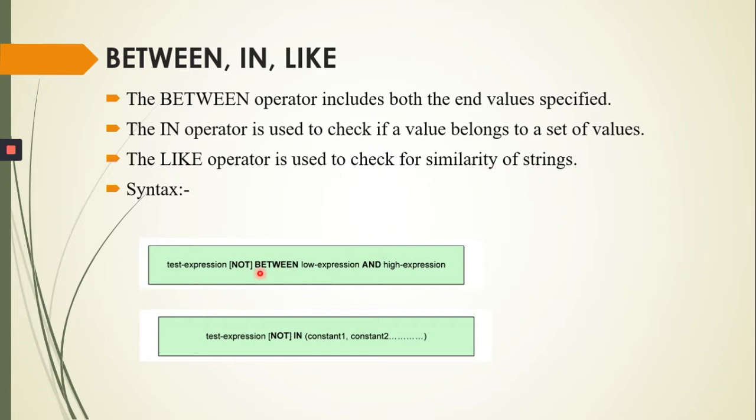Now see the syntax of between and in. Here we have a test expression, some condition or expression, then between low expression and high expression. Both conditions must be satisfied as we are using the and operator.